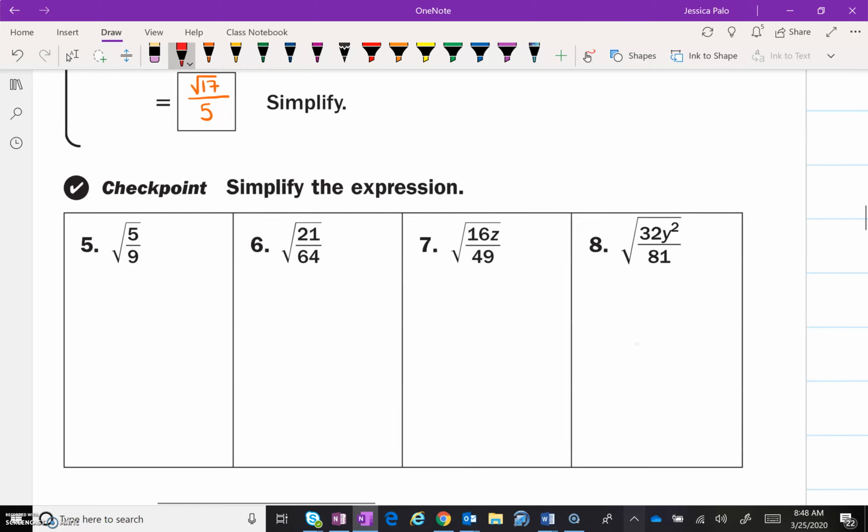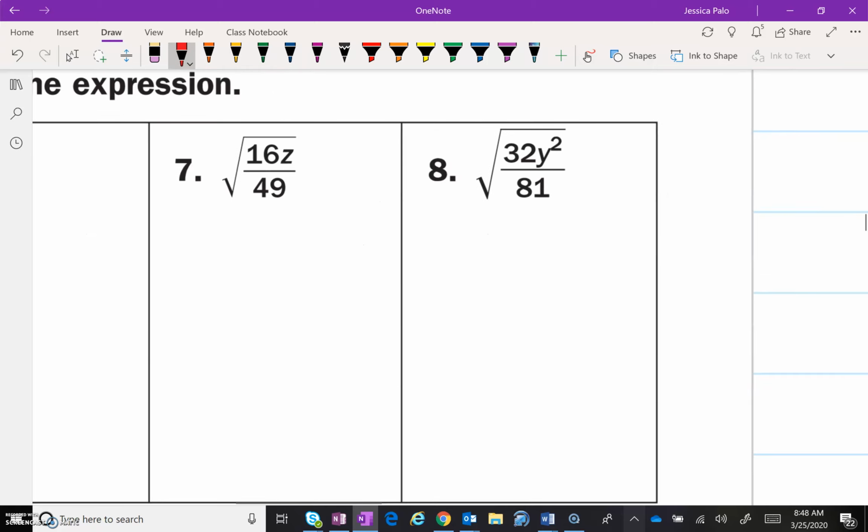So for number 8, I am going to rewrite this fraction using the quotient property. So I'm going to rewrite them in their own separate radicals: radical 32y squared over the square root of 81.